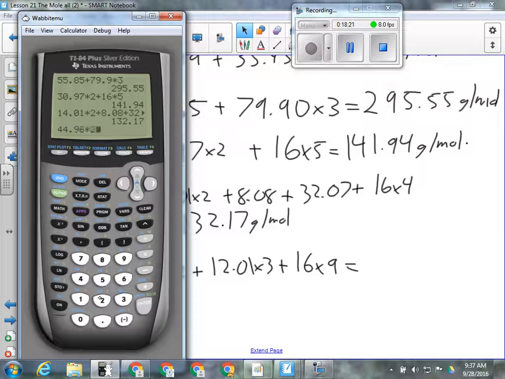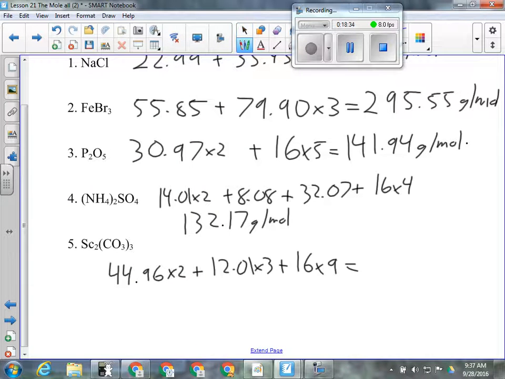So 44.96 times 2 plus 12.01 times 3 plus 16 times 9. That gives 269.95 grams per mole.